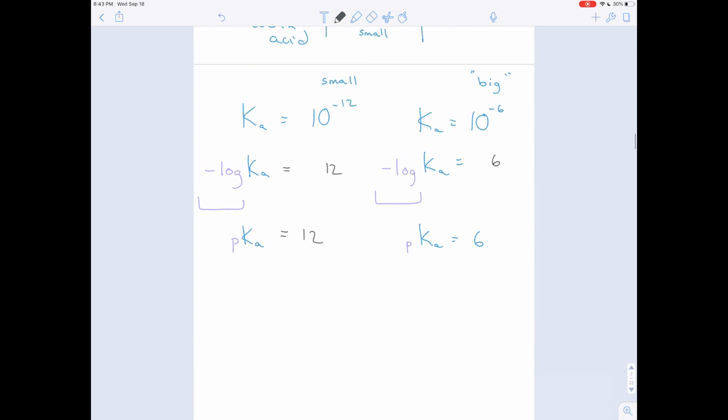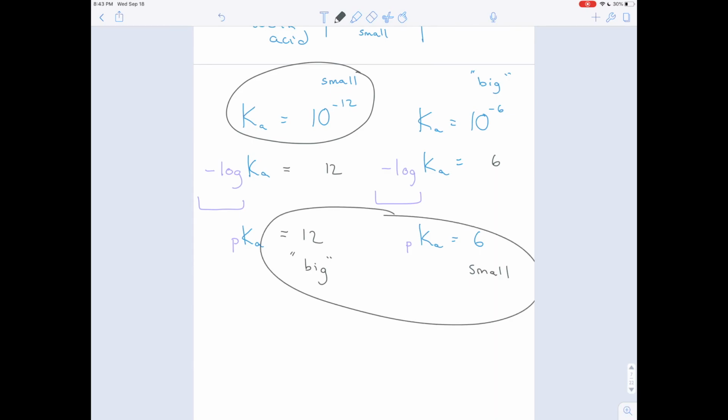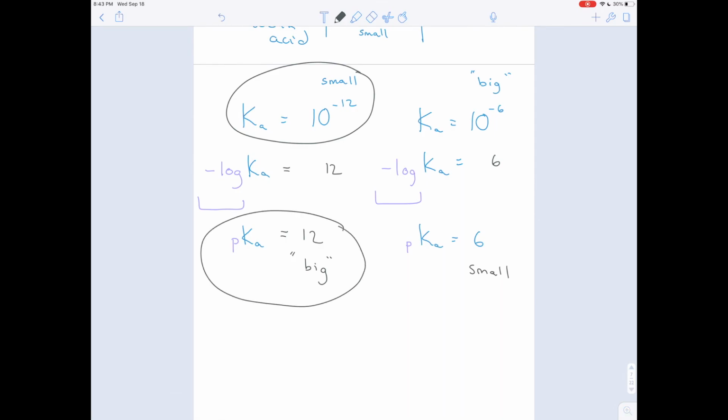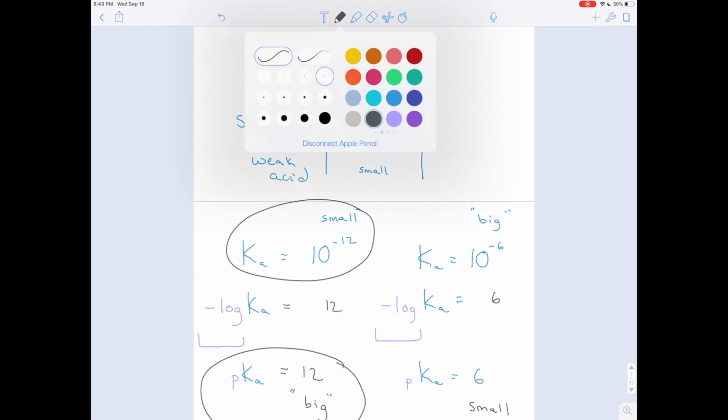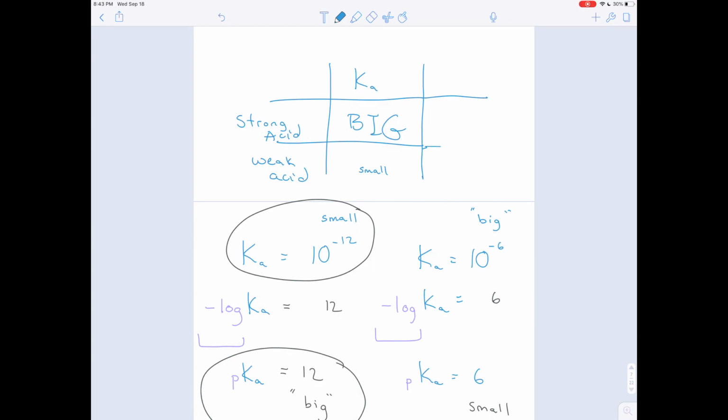Notice what happened when we took the pKa, though. The smaller Ka gave us the bigger pKa. Notice, this pKa of 12 is big, whereas 6 is small, if you're comparing these two. The smaller Ka gave us a bigger pKa. Now we saw before that if you have a small Ka, you have a weak acid.